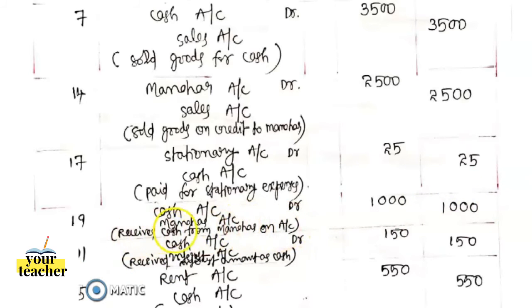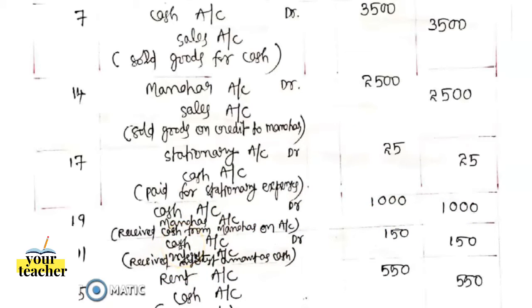This is as per the personal account rule: debit the receiver, credit the giver. Here Manohar is the giver, and the cash account of Ajay is the debit account. So you are debiting the receiver and crediting the giver. It is represented like this.